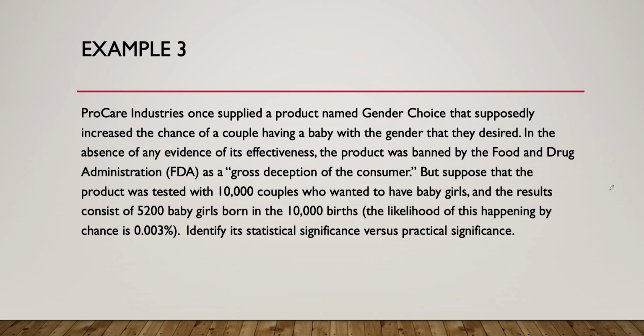But suppose that the product was tested with 10,000 couples who wanted to have baby girls, and the results consist of 5,200 baby girls born in the 10,000 births. The likelihood of this happening by chance, though, is 0.03 of a percent. Identify its statistical significance versus practical significance.